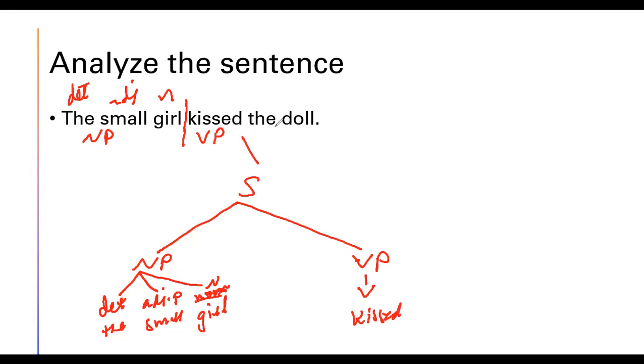Then we have a phrase over here, the noun phrase, within this verb phrase. So this is divided into two things: a noun phrase and a main verb phrase.